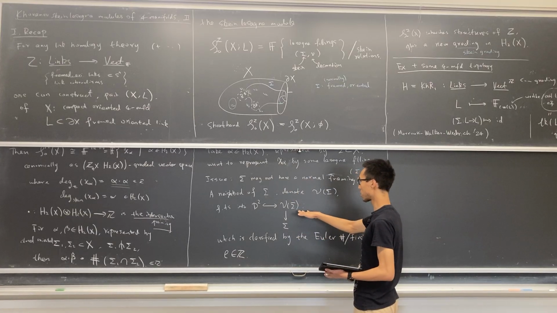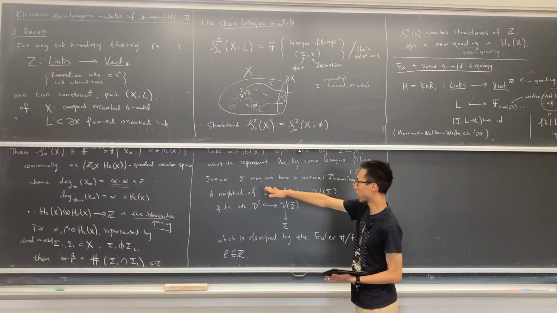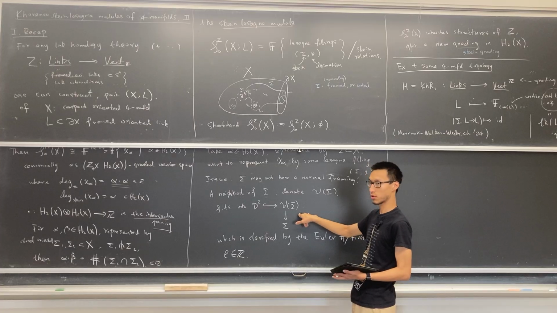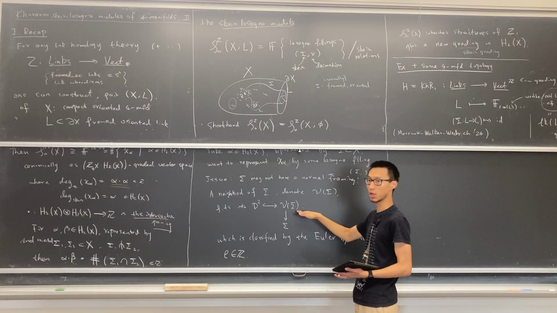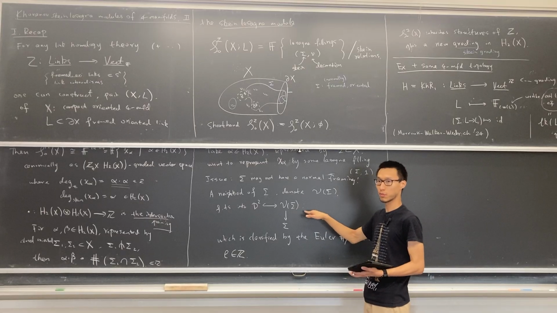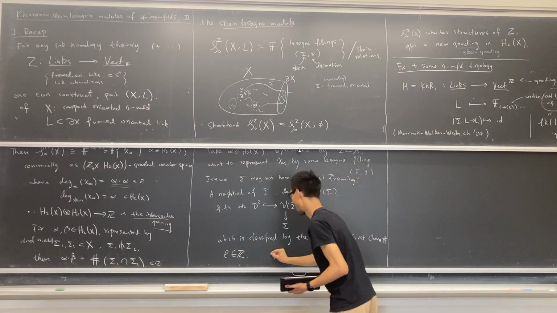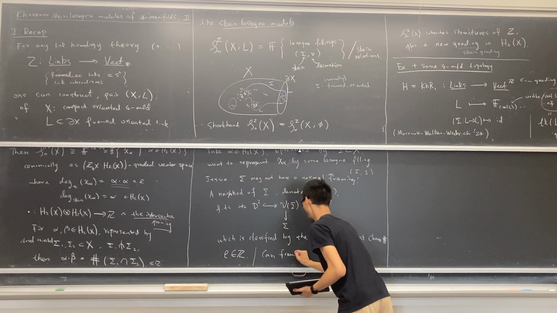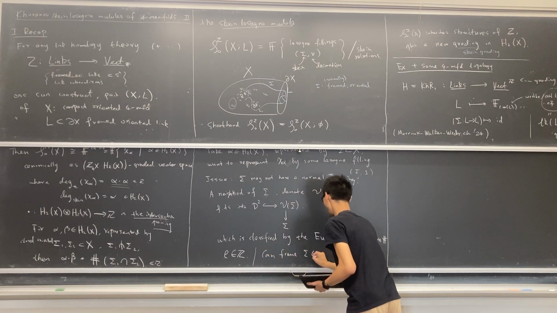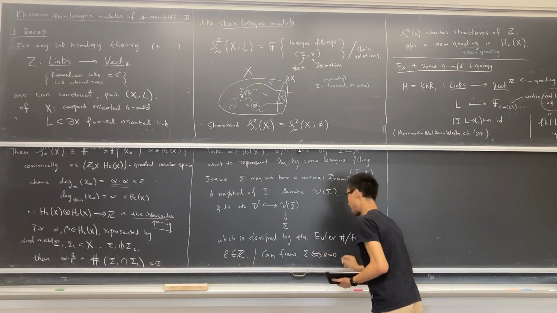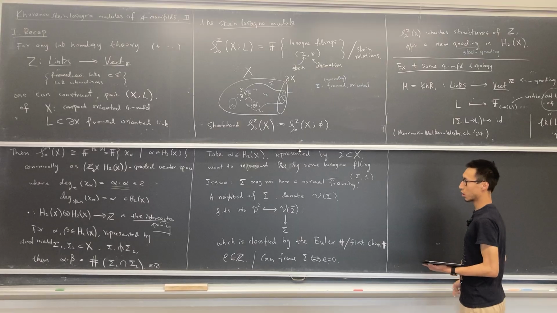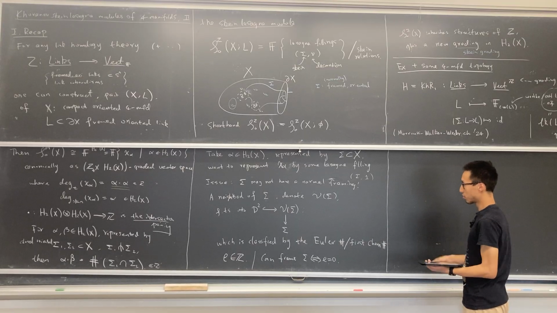Sigma admits a normal framing if and only if this bundle is trivial, because a normal framing is saying that you can find a non-vanishing section of this bundle. So we can frame sigma if and only if this obstruction vanishes. But in general, this may not be the case.